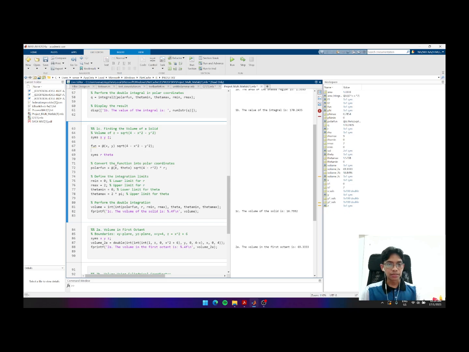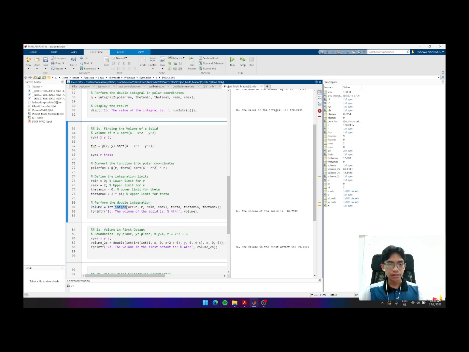After we change it into polar coordinates, we'll declare the interval for this shape, which for r is from 0 to 2, and for theta is from 0 to 2 pi. After that, we'll perform the double integral, using the function volume equal to.